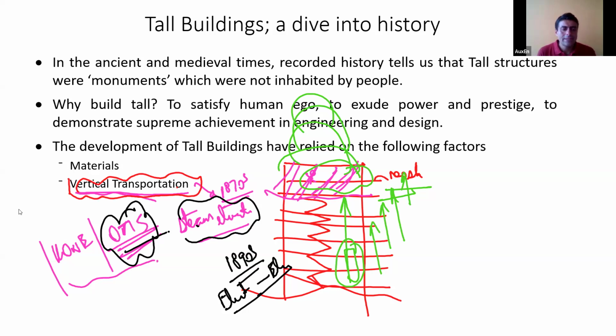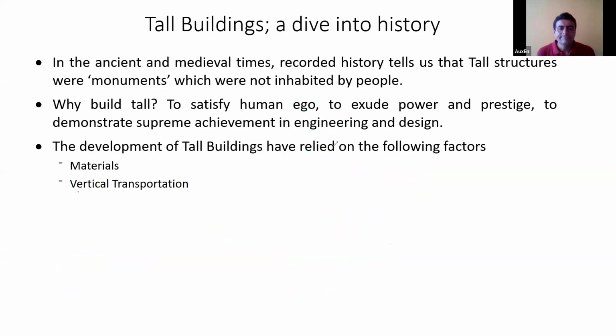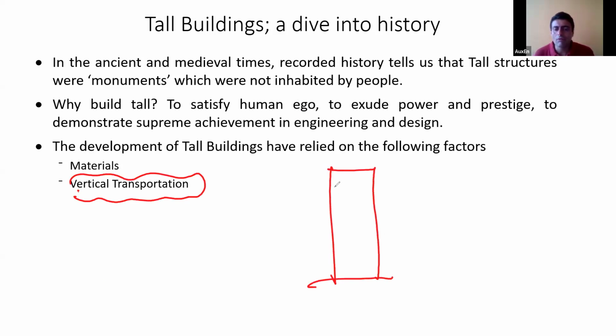So these developments gave people and developers the confidence that yes, even the higher floors are sellable. Because see, if you are at a higher level, you have the obvious advantage of views, isn't it?